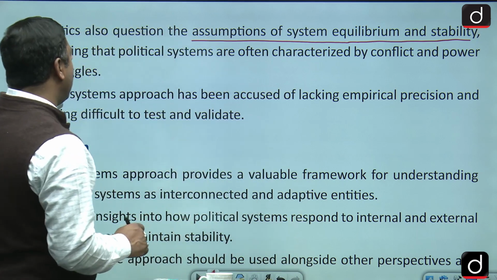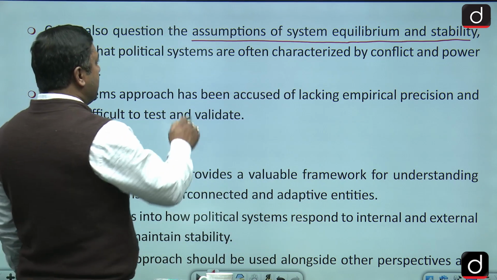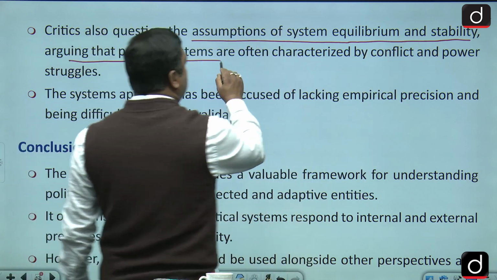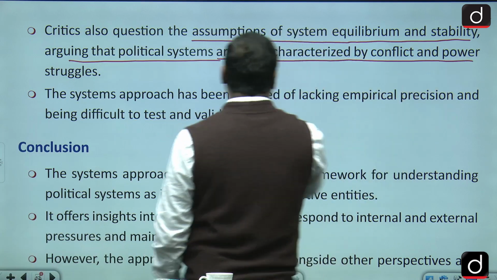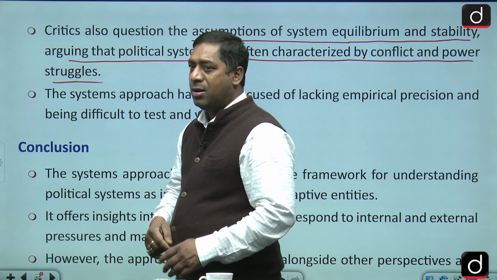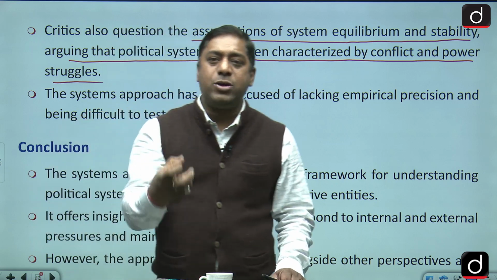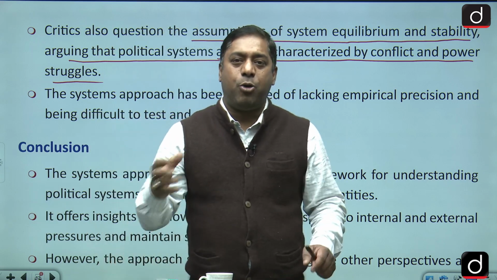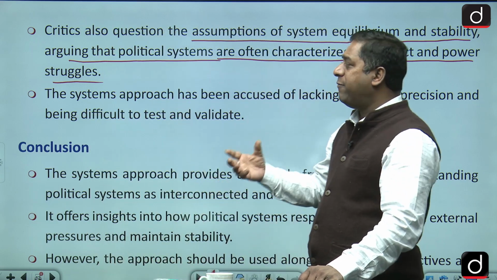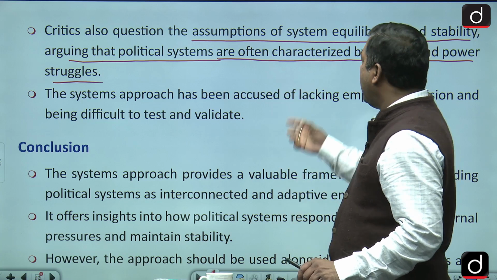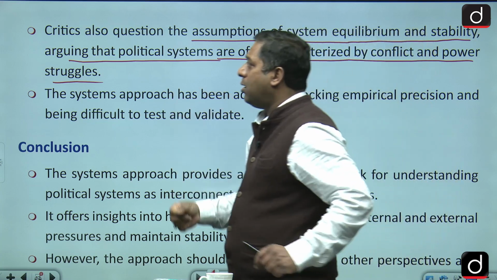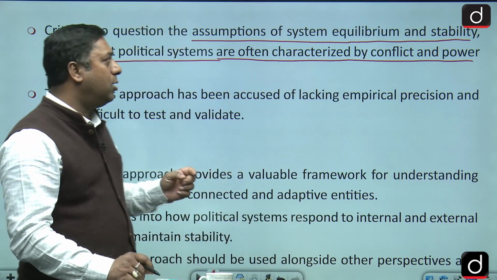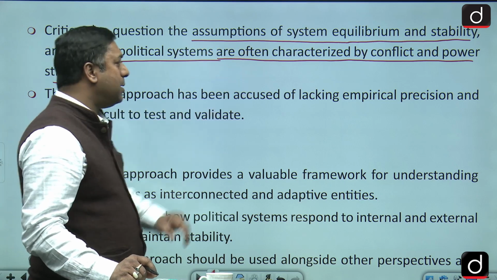So the critics say that there is the assumption of system equilibrium and stability, arguing that political systems are often characterized by conflict and power struggles. That means the critics say that how can you bring equilibrium, how can you bring balance, adjustments when the very characteristic of political system is conflict as well as power struggle. So the critics question the assumption of system equilibrium and stability.